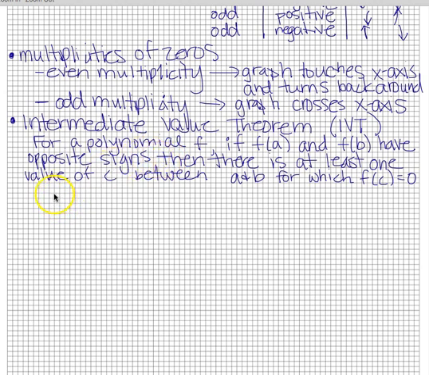It sounds very mathy, but let's think about what this means, and maybe I'll draw you a little picture here. Let's say that we have a function and we're picking random x values. So let's say that this right here is where a is, and maybe pretty close to it, but not on it, is some other value b.